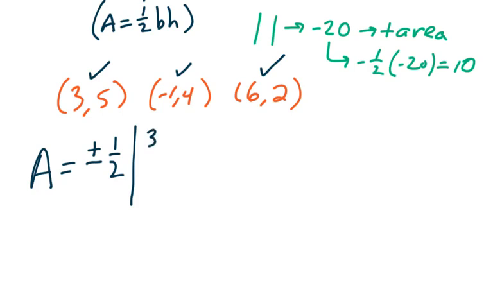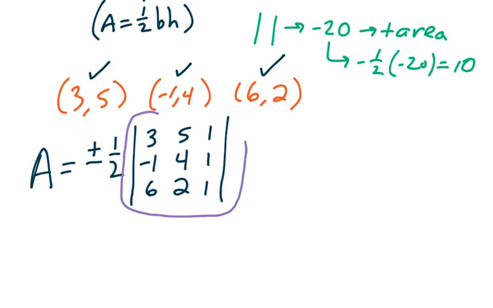Ready? We have x, y, and x, y. Last column, do you remember? You got it. All right. Let me just work on the determinant first, and then I'll put the negative or positive 1/2 in a second. All right. The determinant of this would be all my down rights. I'm going to go a little bit faster now since we've been doing this for a little bit. We should have 12 plus 30 minus 2.